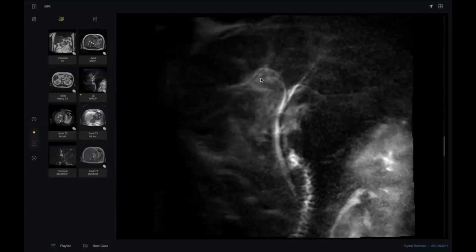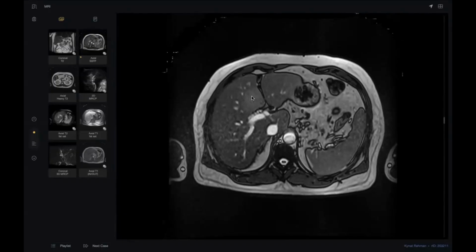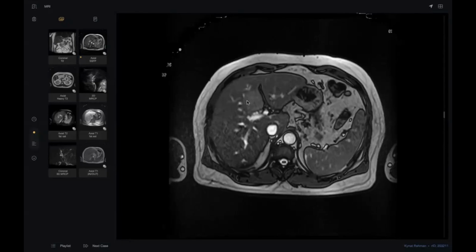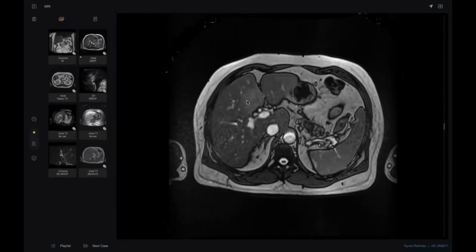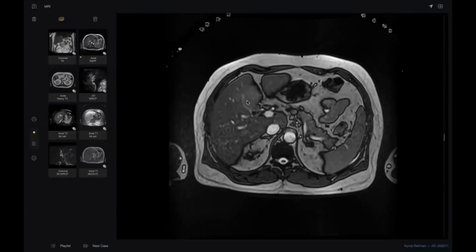Another thing, sometimes we see a focal lesion here, and it takes early arterial contrast uptake, and then washout.